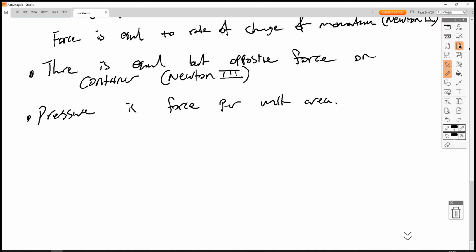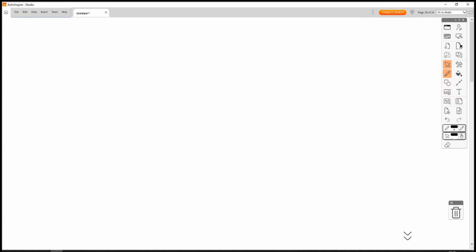Now we'll begin the derivation mathematically, which is actually a derivation that you need to be able to do. So on a new page, we do the kinetic theory derivation.